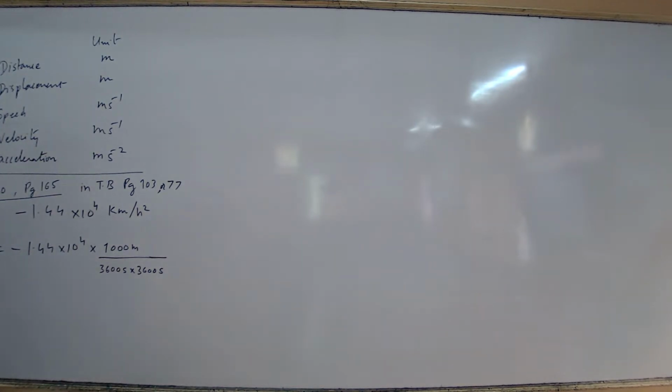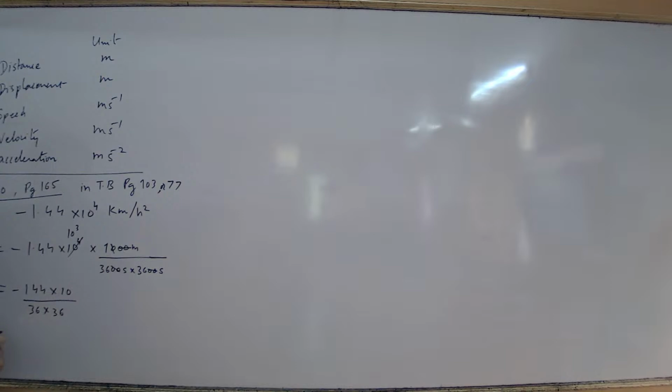Okay? So then how will you do this? Cancel all the zeros, and one more zero will be cut here. So this will be 10 raised to 3. Right? 1, 2, 3, 4. So 3 zeros here and 1 zero here. So 10 raised to 2. Now what is it? Minus 144 into 10 divided by 36 into 36.